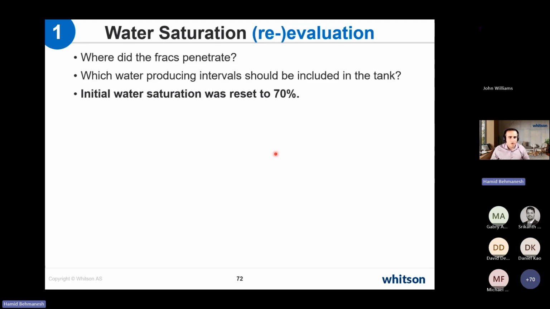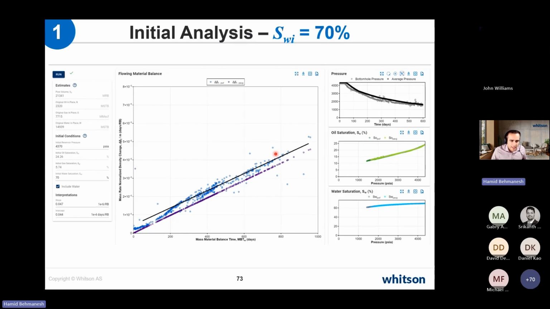I'm going to adjust my initial water saturation from 30% to 70%. If we do the same analysis, we will see that the initial oil and gas in place is still very consistent with the first analysis with 30% water.